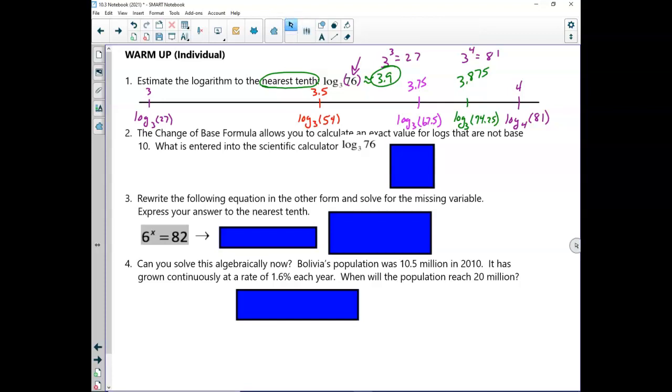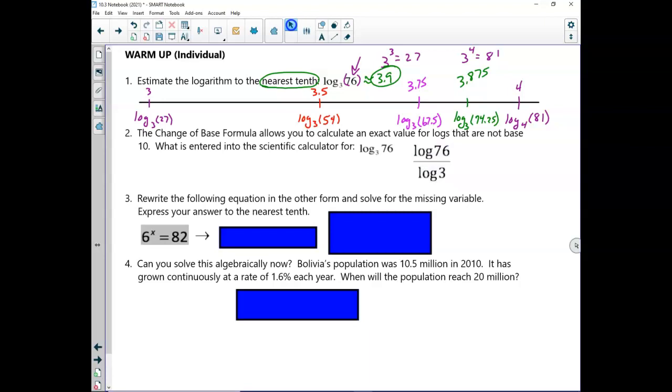Well, from here, the change of base formula allows you to calculate an exact value for this. I got it written there, but that's okay. The change of base formula allows you to calculate an exact value for logs that are not base 10. What is entered into the scientific calculator for a log base 3 of 76?